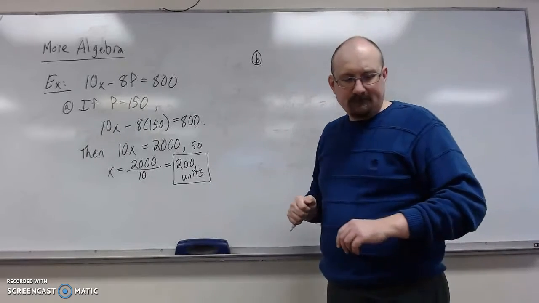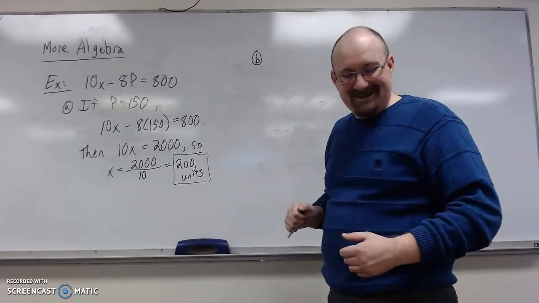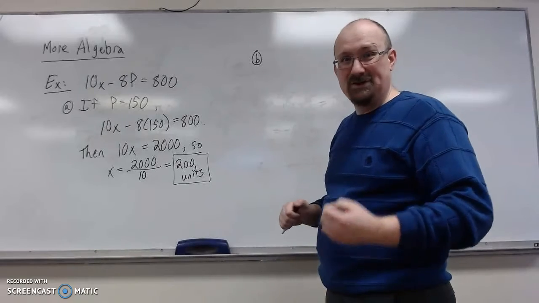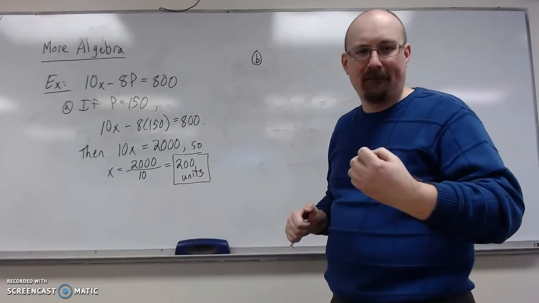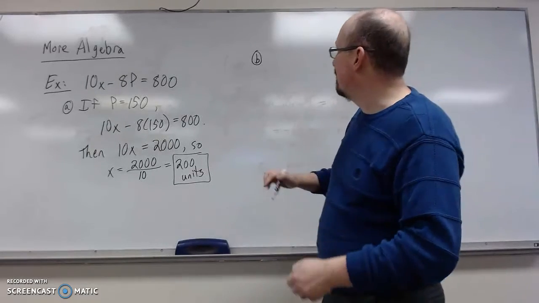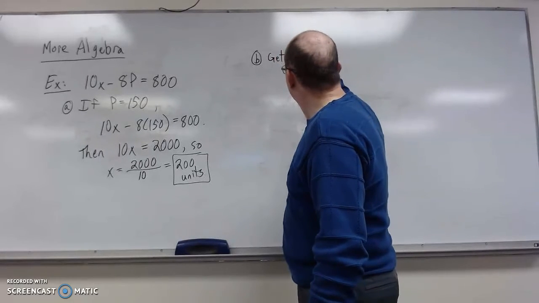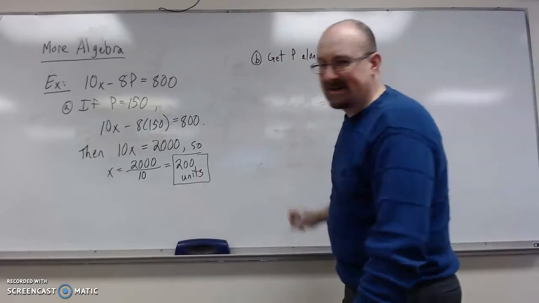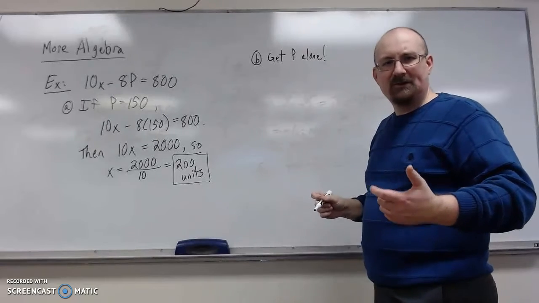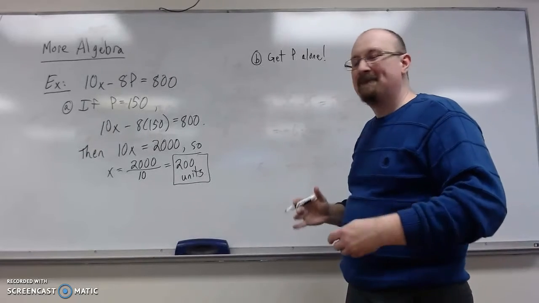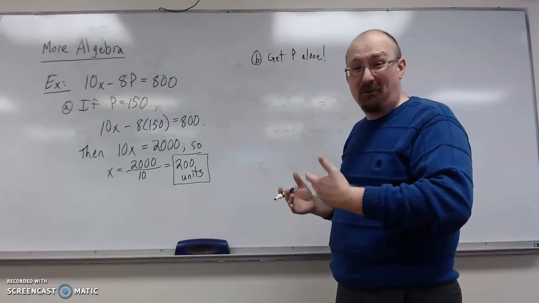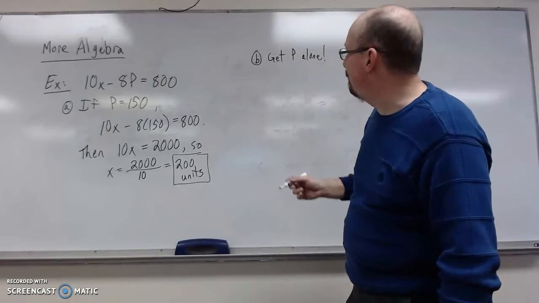Anyway, the next part says, let's get P by itself in this equation. The algebra term for that is solving for the variable P in terms of the variable X. We can basically move things around so that P is by itself.